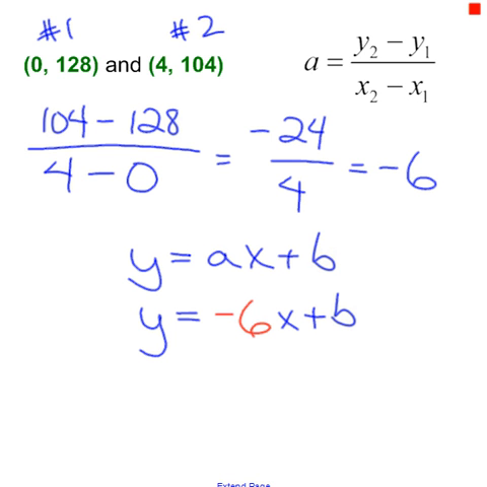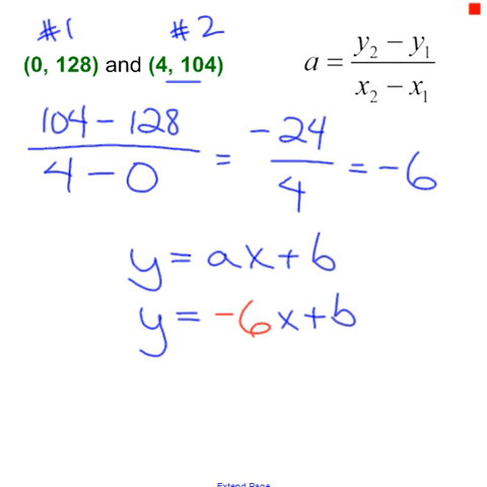We don't know what b is, but we have a couple of points that we can plug in here. I'm going to pick the harder one just to give you some more practice with this. One of the points is actually quite a bit easier than the other, but I'm going to use the harder one here. So I'm going to put this one in, and remember this is an x value and a y value, like any point is.